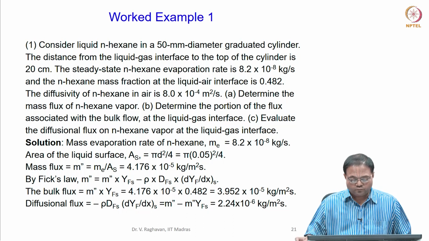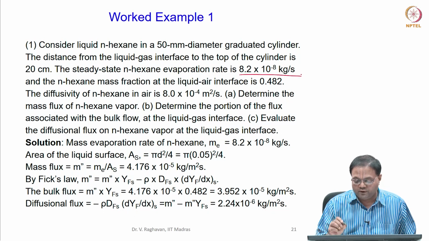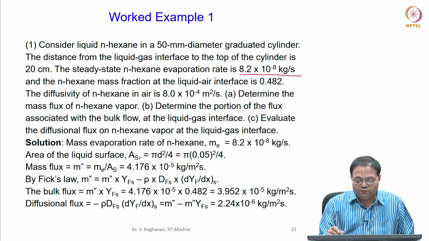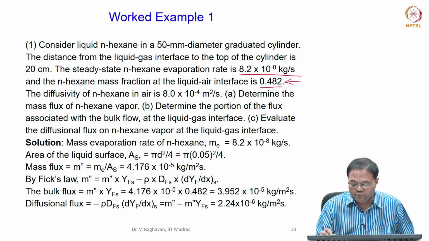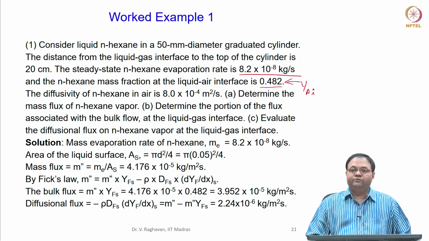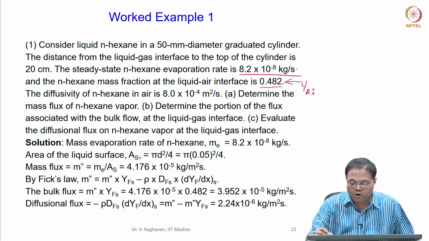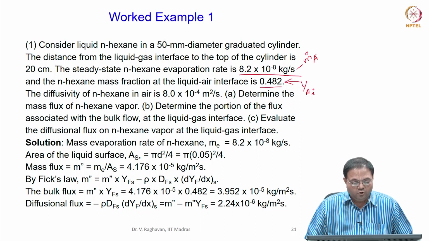You can see that the evaporation rate is given, 8.2 into 10 power minus 8 kg per second, and the mass fraction at the interface is given. This is YAI, where A is the liquid hexane. This is the m dot of A, given in kg per second.